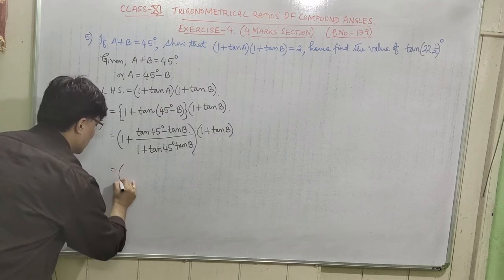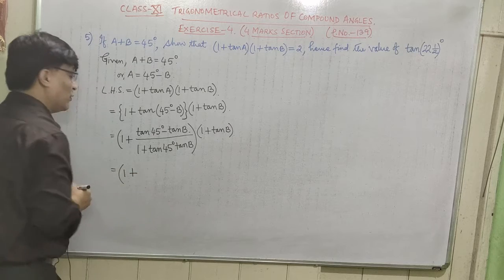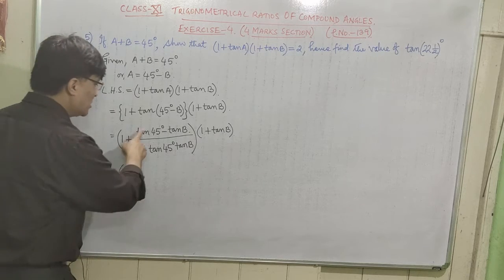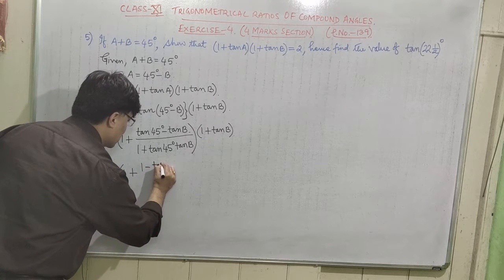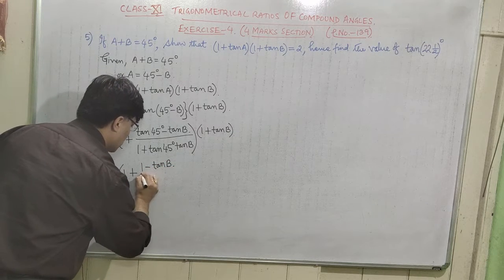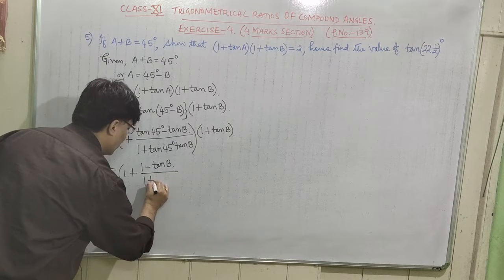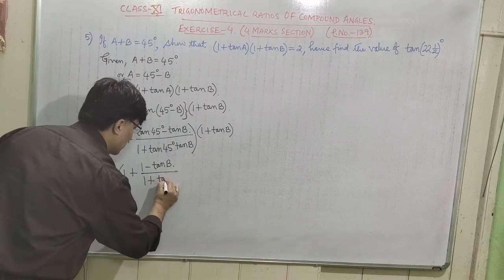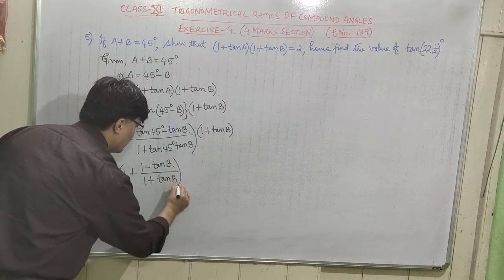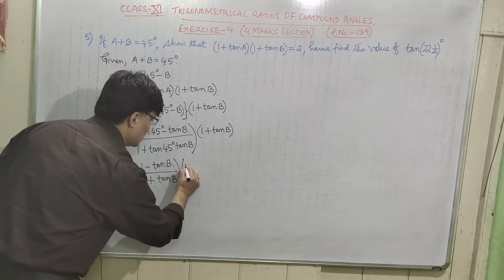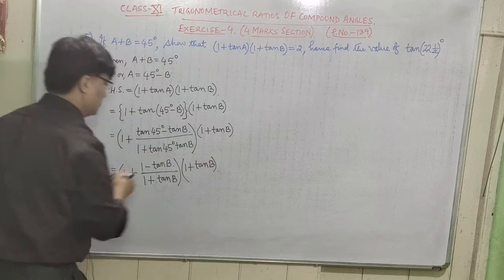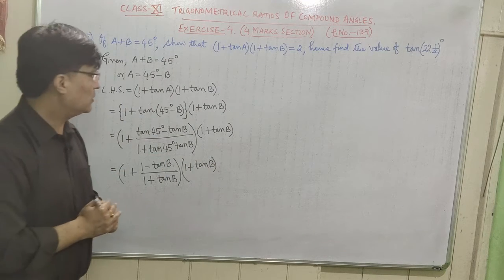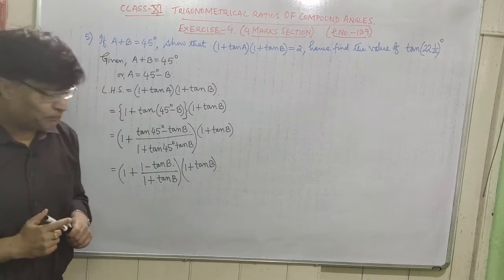Let us simplify it. Let us put the value for tan 45. What is tan 45? That is 1. It is 1 minus tan B divided by 1 plus 1 into tan B, which is tan B. Bracket closed. Then into 1 plus tan B. I think you have understood it up to here.